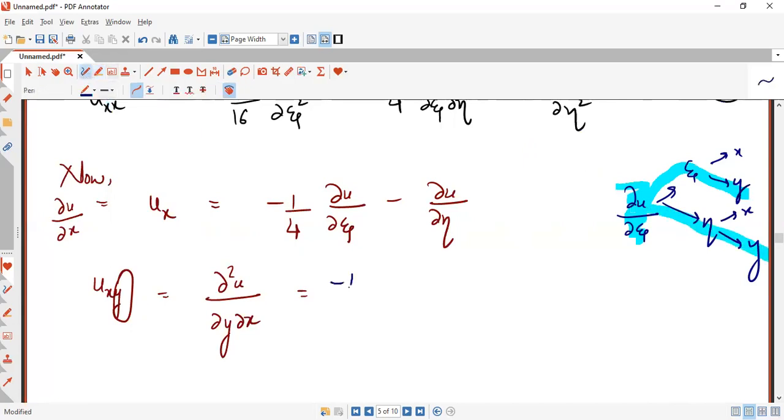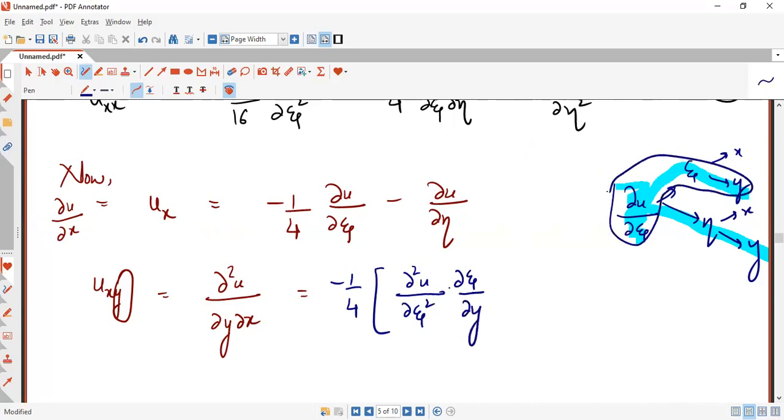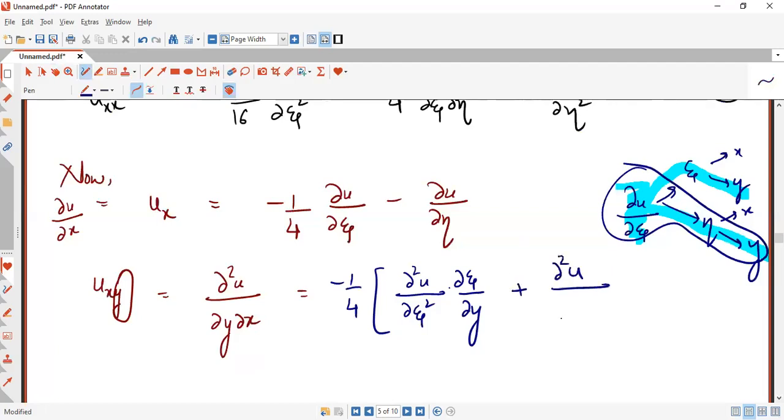So minus 1 upon 4 ∂u/∂ξ will become ∂²u/∂ξ² into ∂ξ/∂y. I have done this one. Now I'll differentiate this by η, because η is also a function of y.